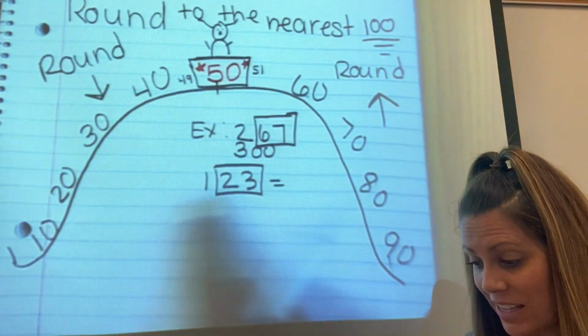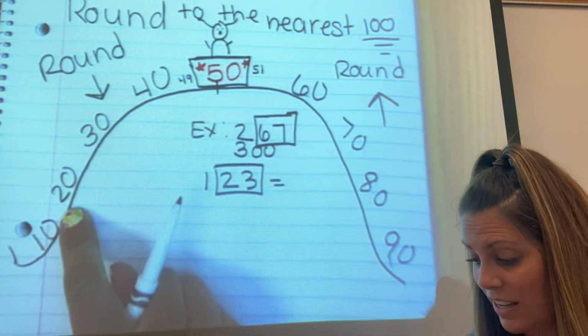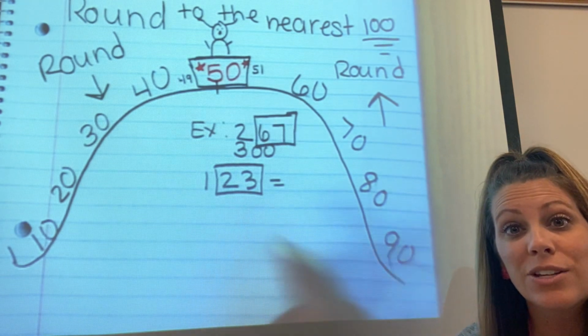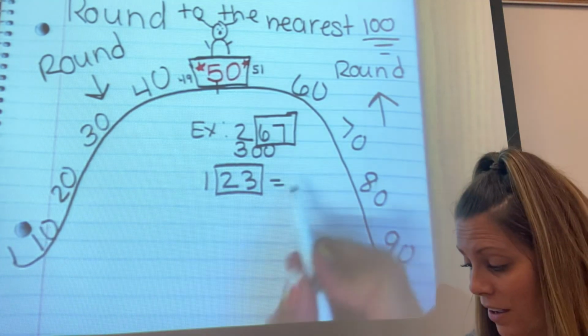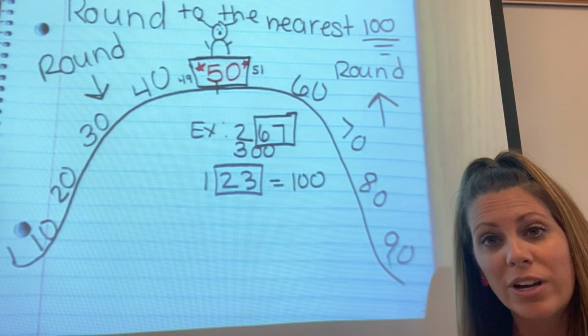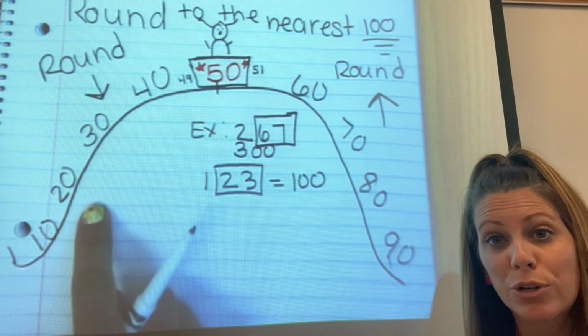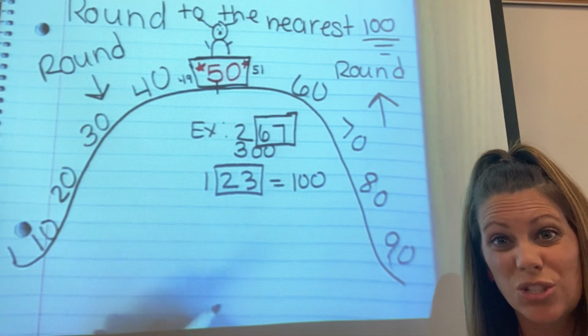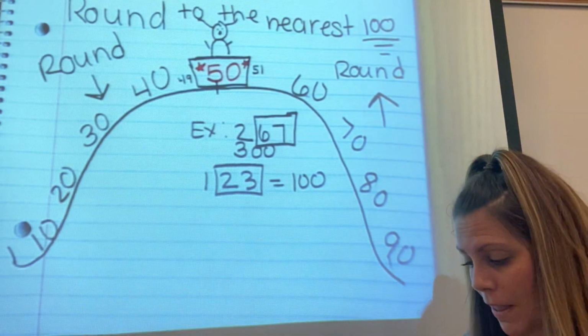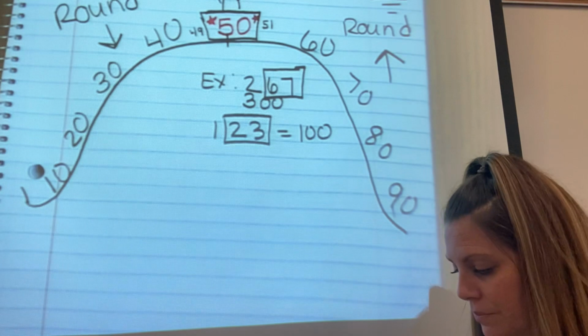123, well, that is on our round down side. So we make it 100 because 123 is closer to 100 than it is to 200. Do we agree? All right, let's try two more.